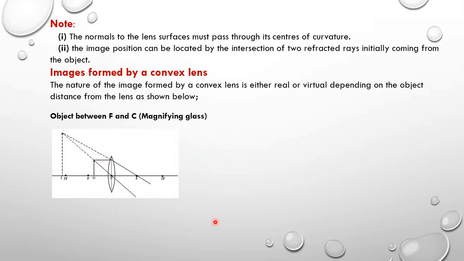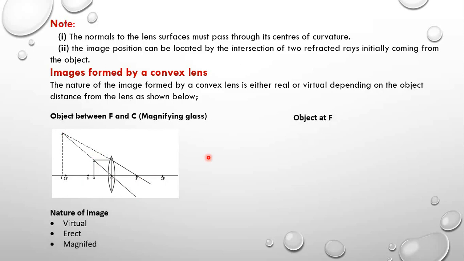It's refracted through the principal focus. This is a ray. There's an arrow missing here. You need to include that arrow. And then also a ray that passes through the optical center goes undeviated. And then when you produce the lines, they meet at this point. And that is going to be a virtual image. As you can see, the nature of the image is going to be virtual. It is going to be upright, that is erect, and it is going to be magnified.